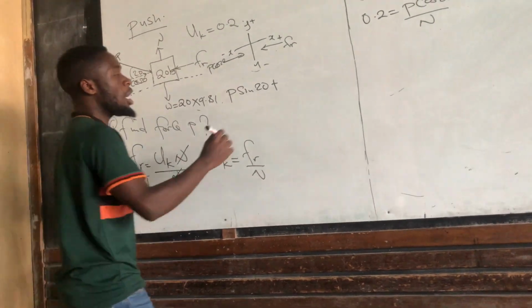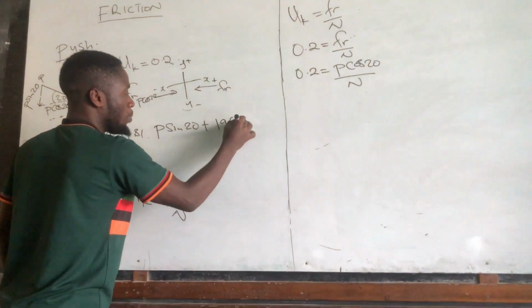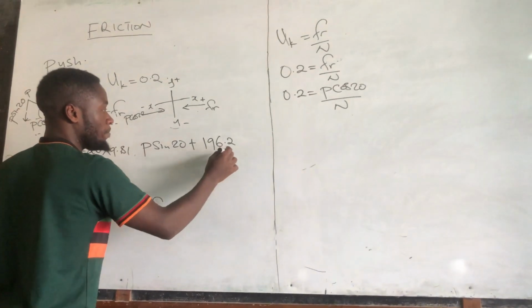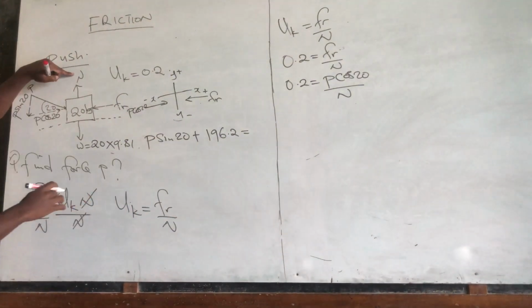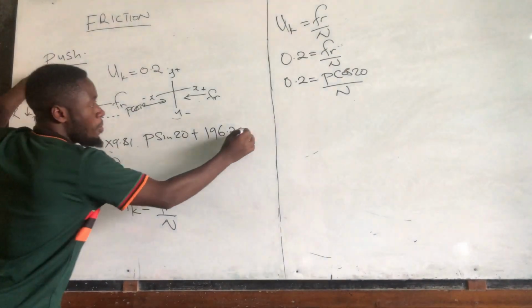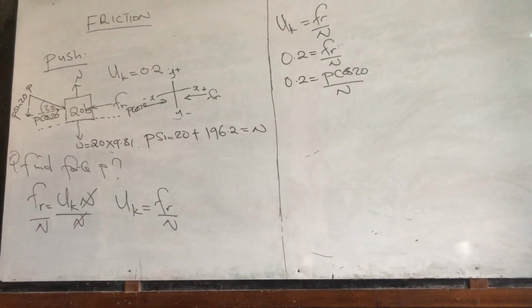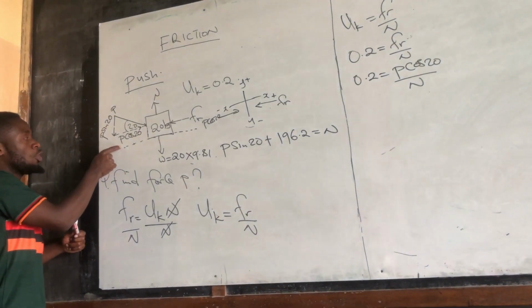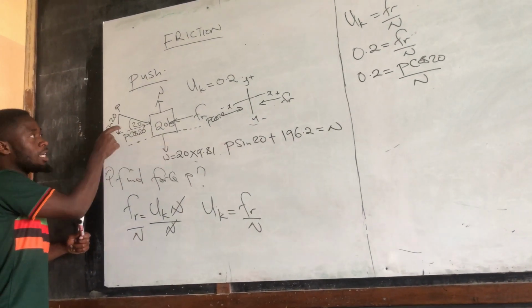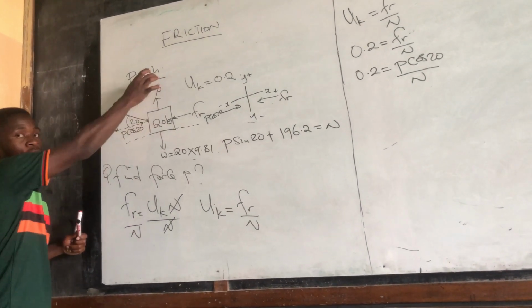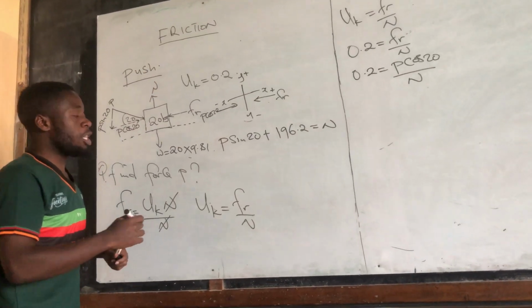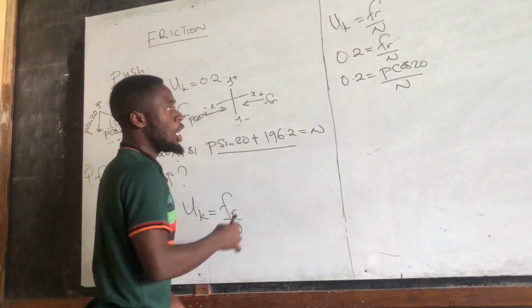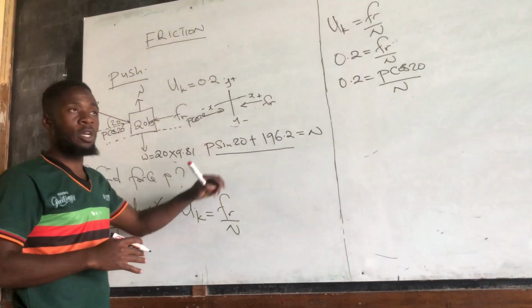So the weight is 196.2. This is equal to the force facing the other direction, the normal force. So here what we have done is, these forces that are facing the same direction, this P sine 20 and the weight, we have added them, then they are equal to the other force facing the other direction. So the equation for the normal force is this one. Where the normal force is, we put this equation here.